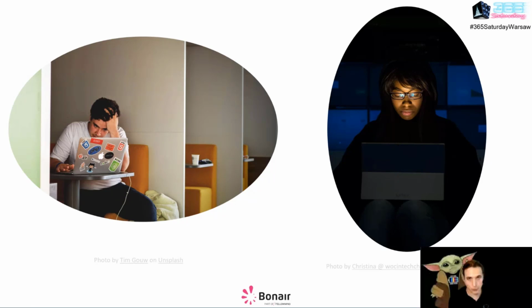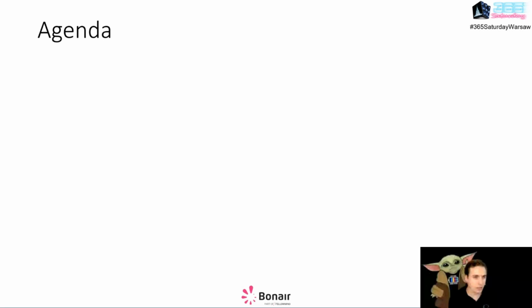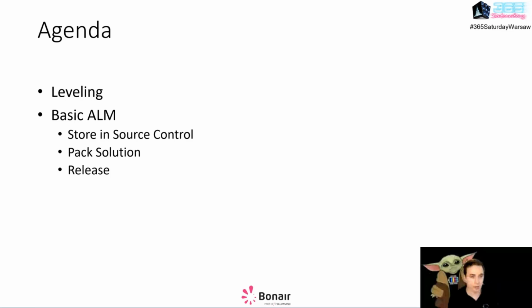So in the session today, we want to take a look at how we can get rid of those, hopefully in your project as well. The agenda will be, first of all, I will level you up to a certain level so that we are talking about the same stuff and we all know what we are talking about. Then we will take a look at the basic ALM process, storing stuff in source control, packaging a solution, and releasing it.